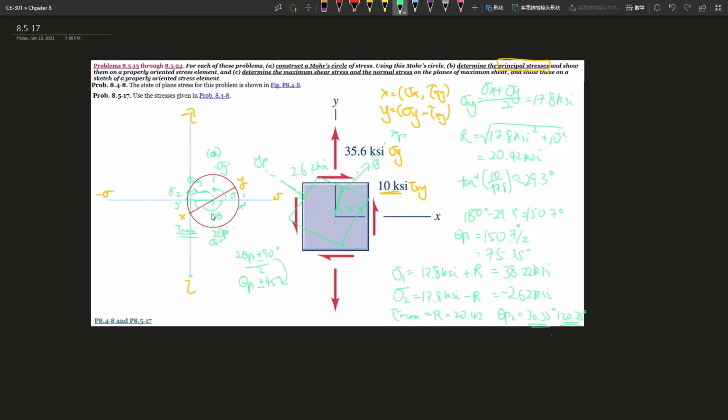So from 0 to here, that's 17.8 ksi, which equals the maximum normal stress, so probably S1 equals S2 equals 17.8, right, is what we calculated over here. So now this is everything that we should do for this.